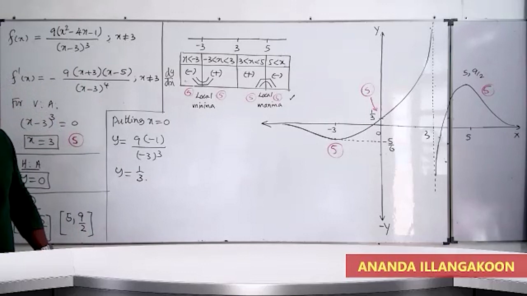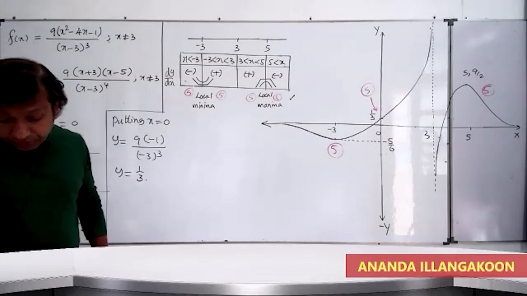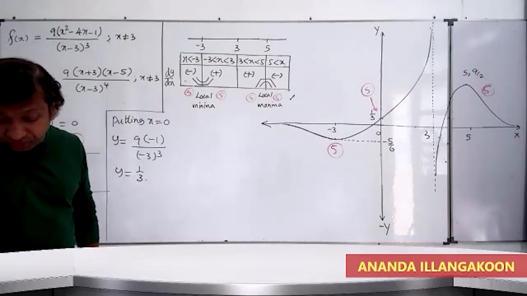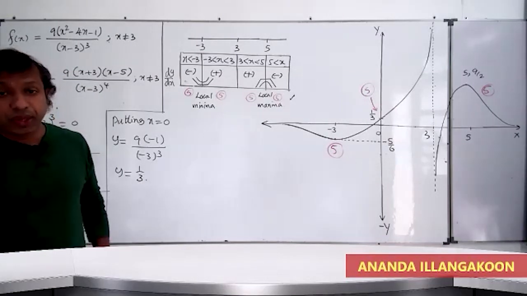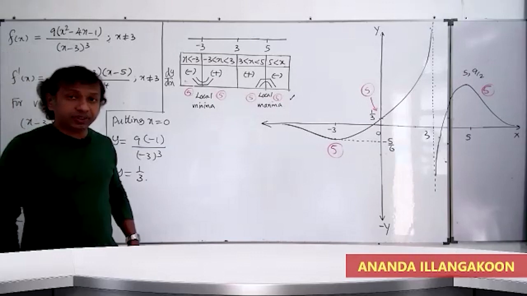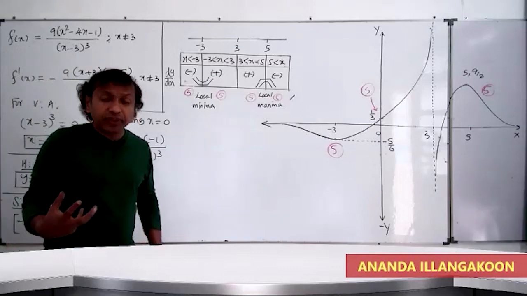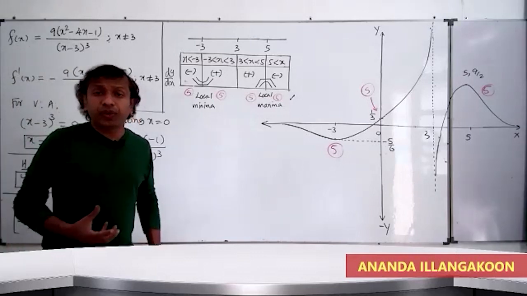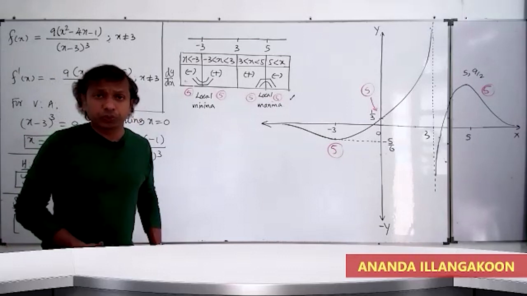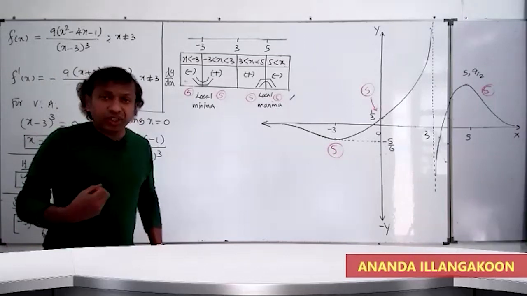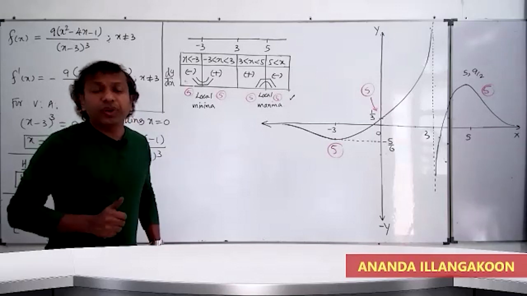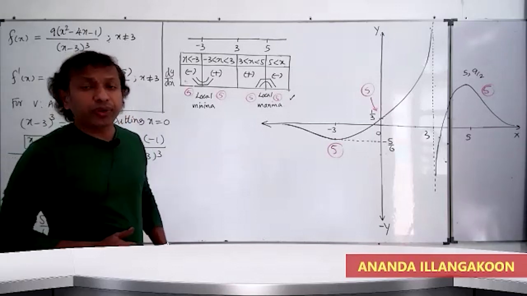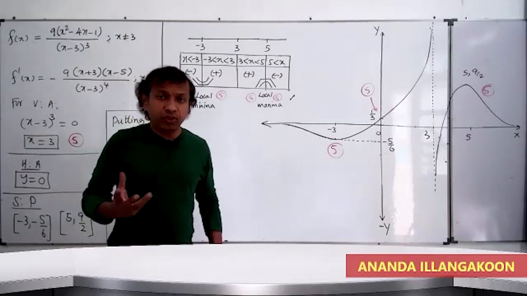Right. Thereafter, second derivative given. Find the x-coordinate of the points of inflection of the graph y equals f(x). You know, points of inflection, we determine how? Equating the second derivative to 0. Even though the second derivative is 0, that is not sufficient for points of inflection to exist.